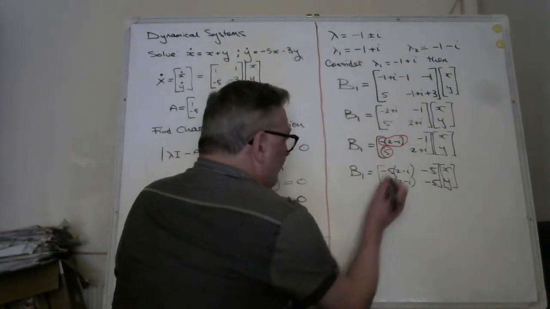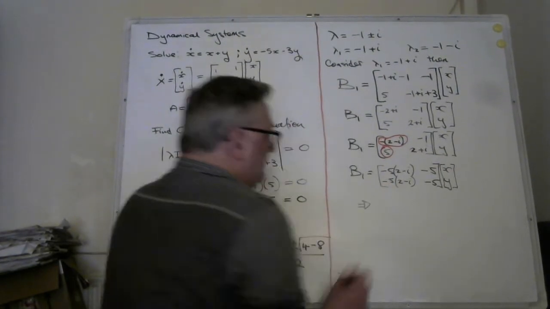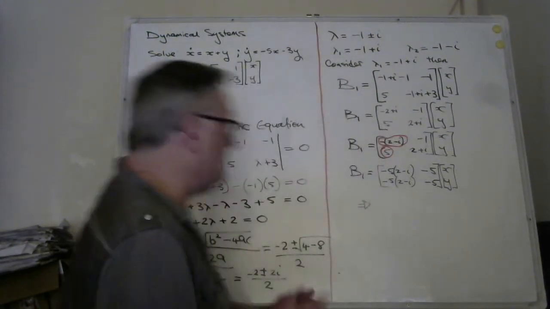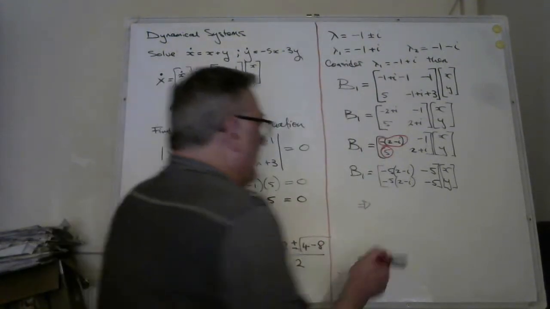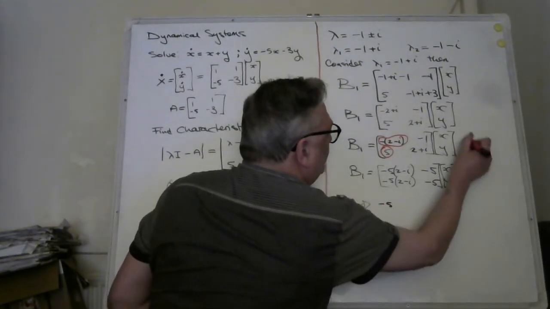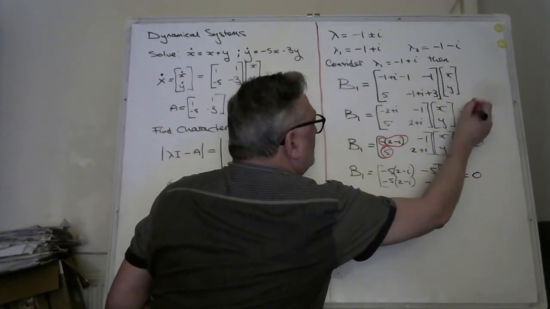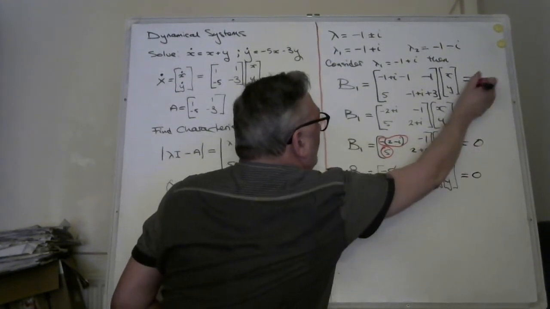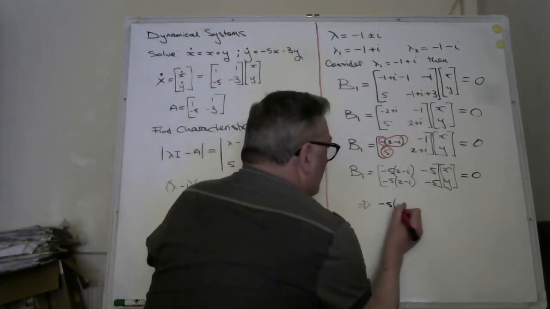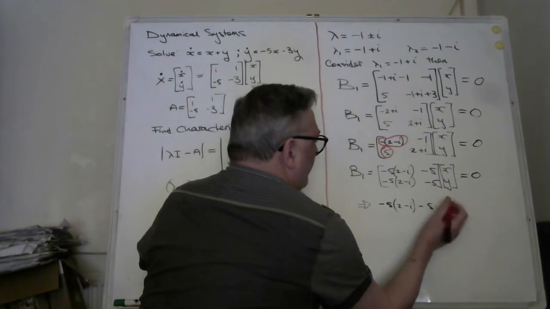So in actual fact, if we take either of these equations, the implication is that we've got minus 5, and by the way, all of this has to be equal to 0, which I keep forgetting to write in. Right? So we've got minus 5 times 2 minus i, minus 5.